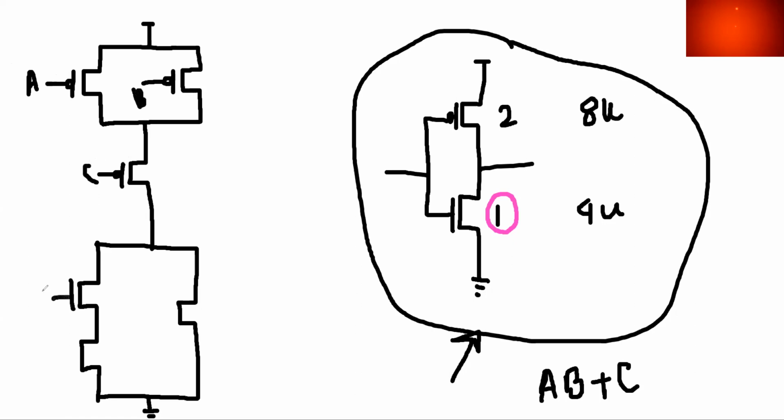Now this one is A and B, and this is C. A, C, right? So, by the way, you have a bar.